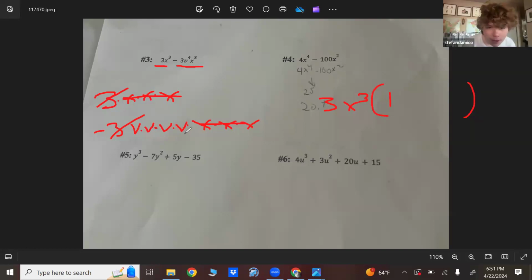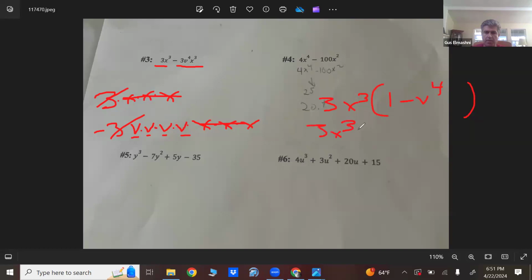How many V's do I have? Count it carefully. 1, 2, 3, 4. Oh, I was looking at the 3V. That's my bad. So negative V to the fourth. And then that could be broken down even further.